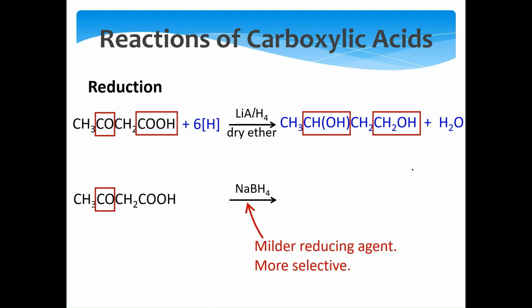Once again, I would like to highlight that the carboxylic acid, the COOH group, cannot be reduced by NaBH4, as carboxylic acids can only undergo reduction with LiAlH4. So the product will be CH3CHOHCH2COOH. To balance the equation, we will add in 2H, H in square brackets. I hope you've copied down the text in blue. On to page 15.